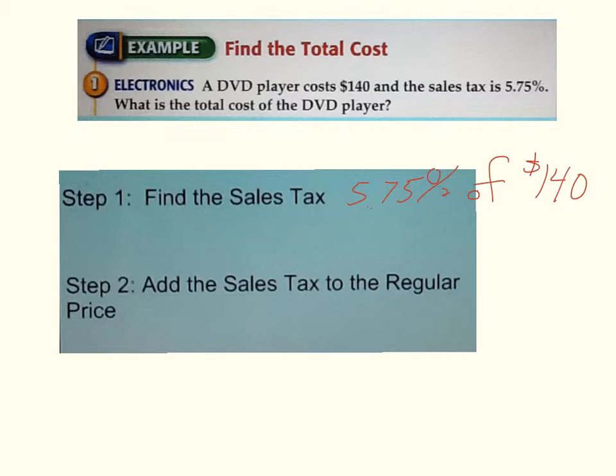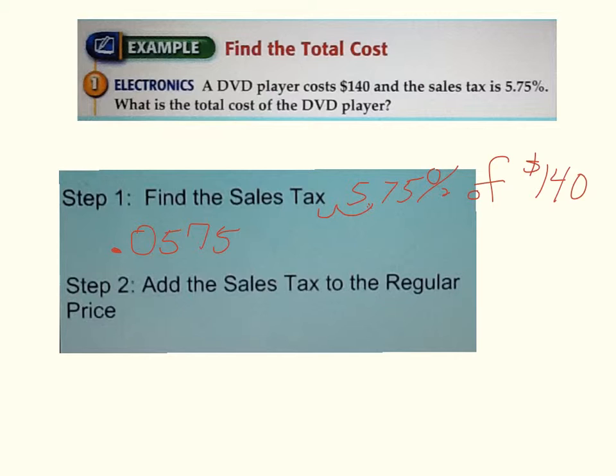Well, how did we do problems like that? 5.75% of $140. The first thing we did was turn our percentage to a decimal. So in order to find our sales tax, we're going to move our decimal point over 2 places, and we end up with 0.575.